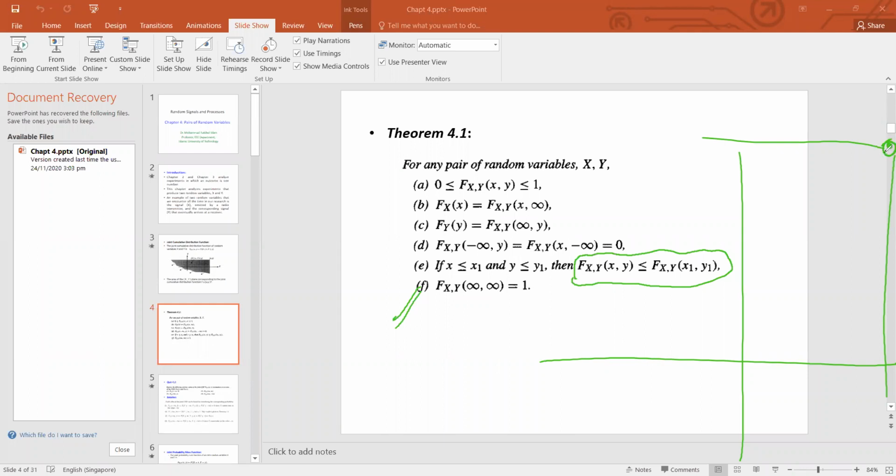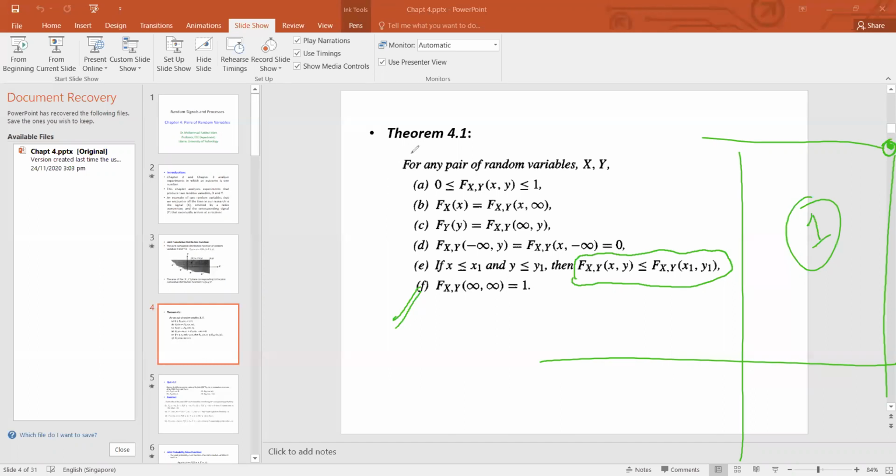So the CDF at this point will be equal to 1, isn't it? Yes, sir. If I go for both infinity, x and y, the value of CDF will be equal to 1.